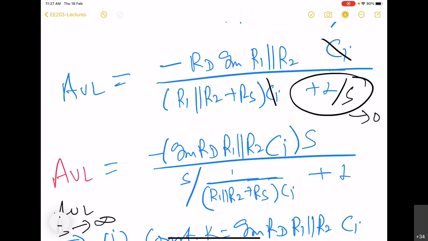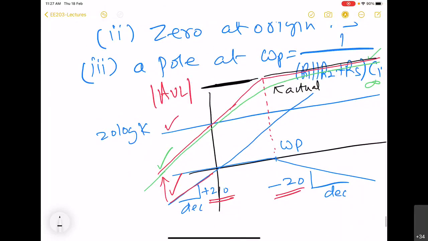And what will be left is this factor, which is GMRD R1 parallel R2 divided by R1 parallel R2 plus RS, right? So this horizontal line is basically AVL magnitude at infinity.